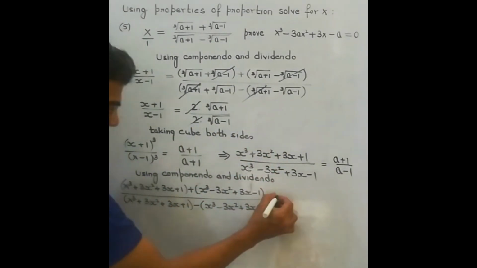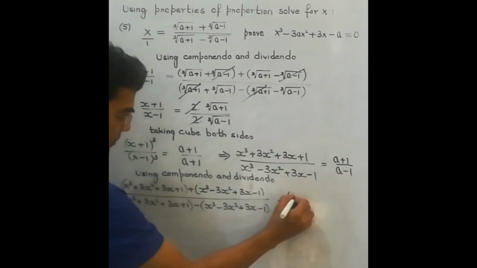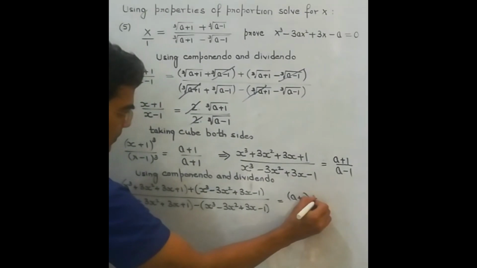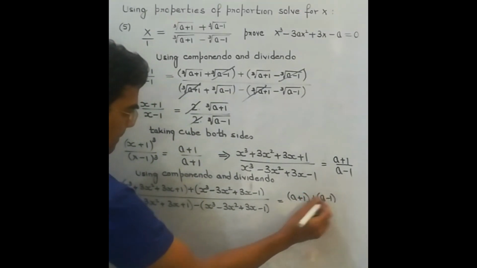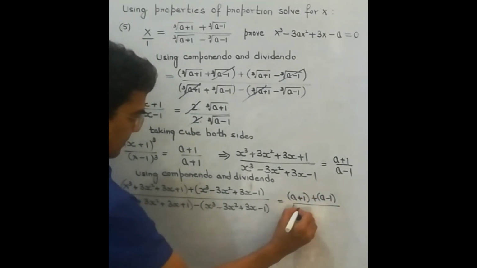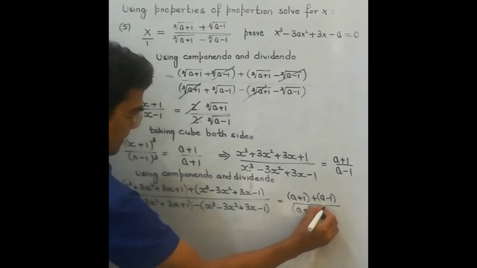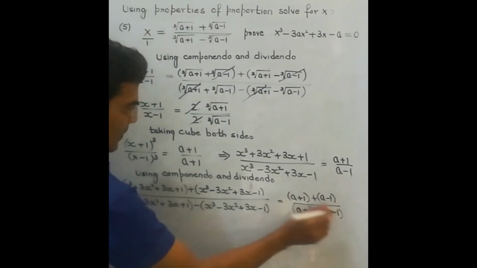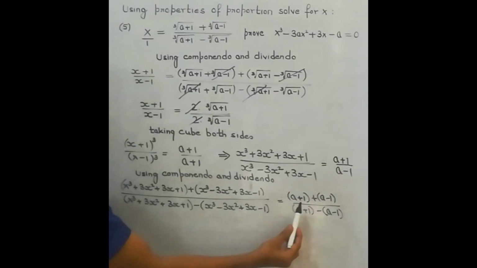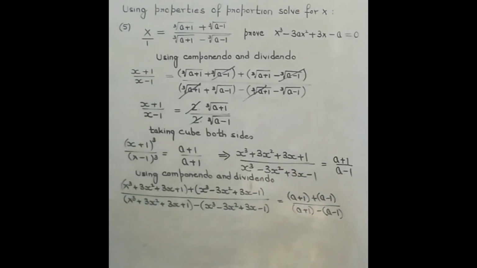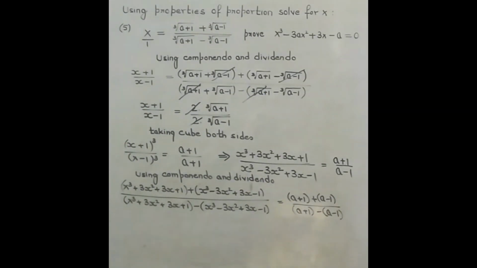Now coming to the right side. This is numerator, this is denominator. So numerator plus denominator upon numerator minus denominator. So we have again applied componendo and dividendo. So let's see what result we will be getting over here on opening the bracket.